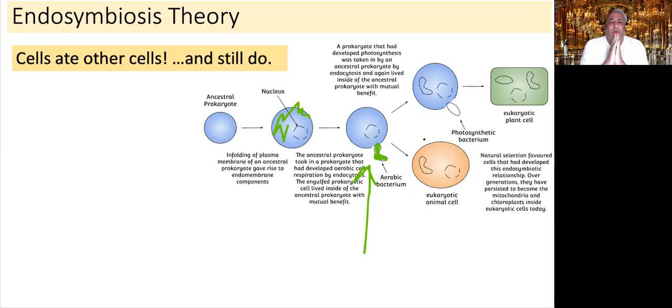We believe that all eukaryotic cells came from this original sequence of events. So any eukaryotic cells that didn't have an internal nucleus and swallow the green cell, we can't find them, right? So they must have been outcompeted by natural selection. So all the eukaryotic cells in the world acquired this internal passenger that evolved slowly to become mitochondria.